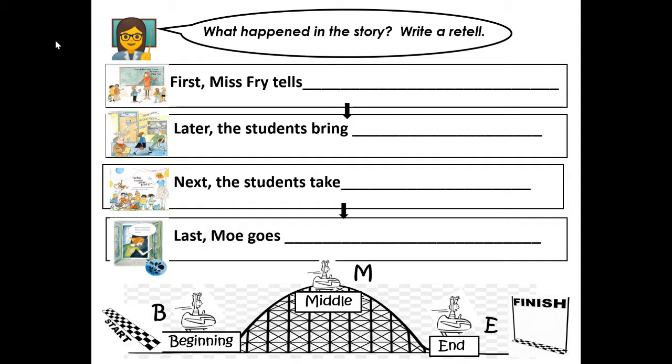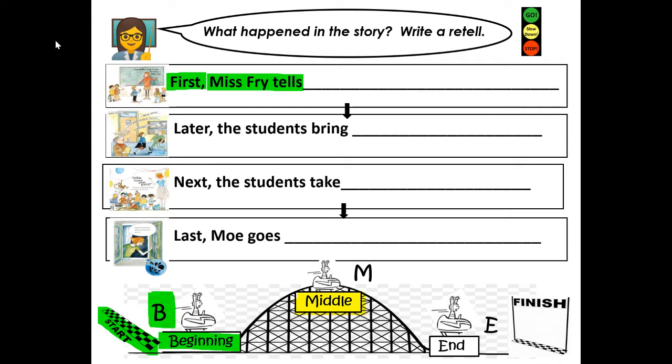At the end of the lesson, you're going to answer this question: What happened in the story? Write a retell. We're going to use the colors green, which means go, and that is the beginning of our retell or the start. You're going to use the transition word first, Miss Fry tells, and then finish the sentence.